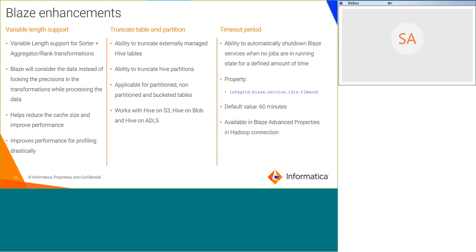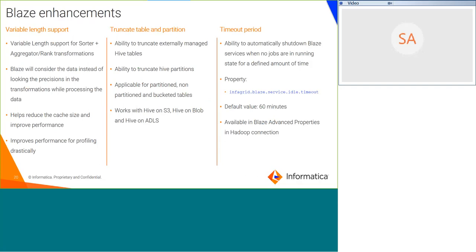And we have multiple engines. So Blaze is also one of our engines. So we are continuing to improve even our Blaze engine. The main enhancement we have done on Blaze engine is that now we can support variable length.